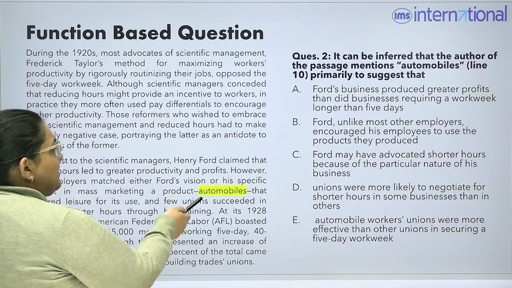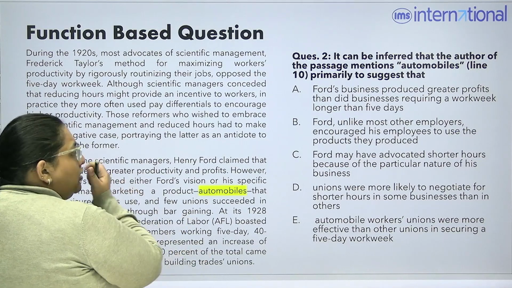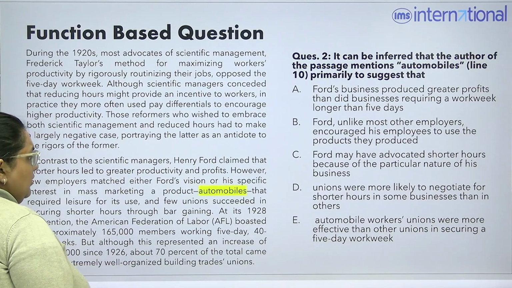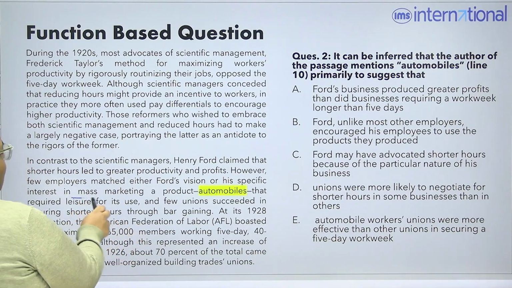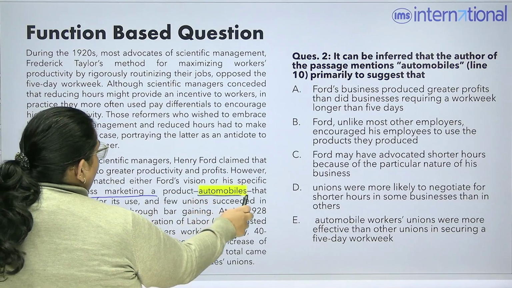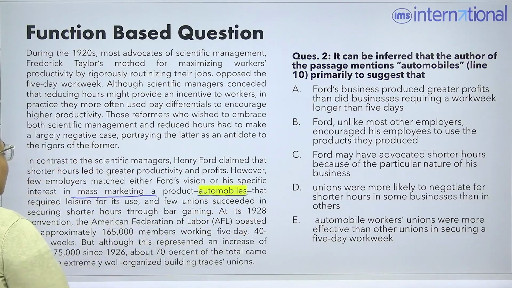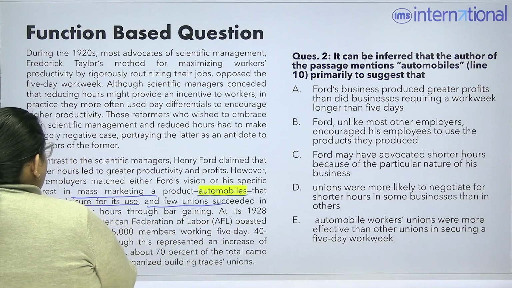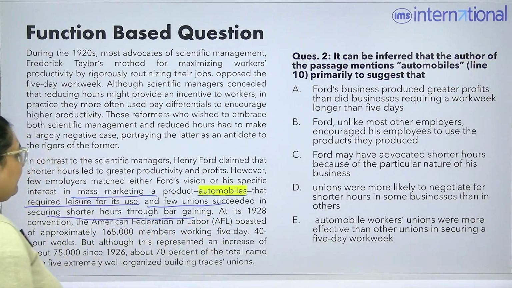So automobiles is highlighted here. Why does the author talk about automobiles? So let's read. However, matched either Ford's vision or his specific interest in mass marketing a product. So Ford was interested in mass marketing products like automobiles that required leisure for its use, and few unions succeeded in securing shorter hours through bargaining.